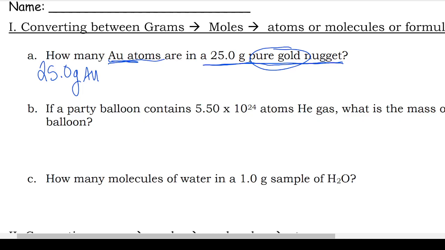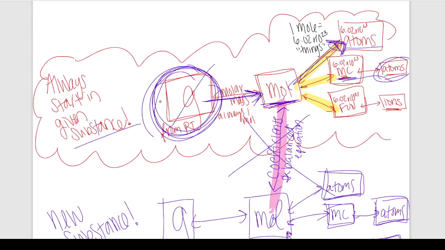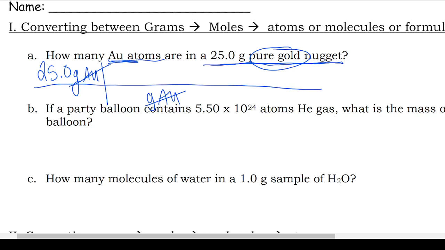So I'm going to go grams. I'll bring grams of gold down to the bottom. I brought that down so that it would cancel. Once my grams cancels out, I am in my new unit, moles of Au. Whatever I bring up top, I have to put at the bottom if I want it to cancel.